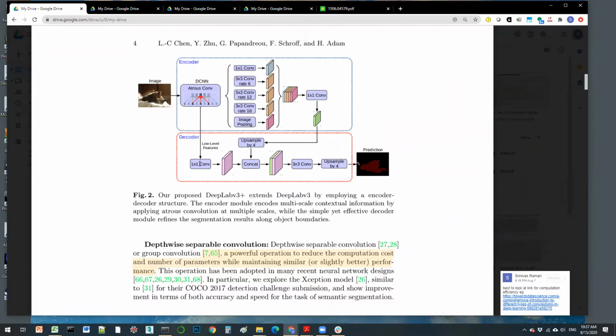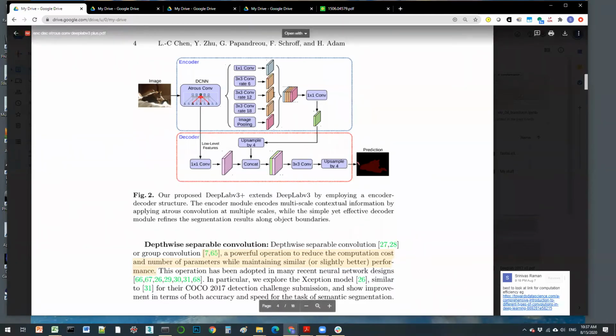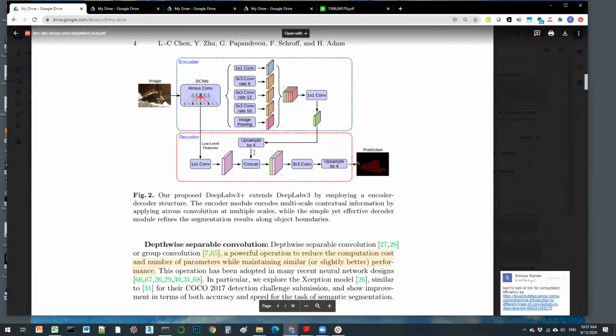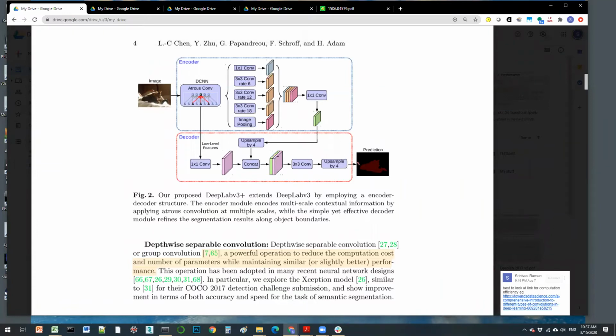Just apply the 1-by-1 convolve and generates this purple looking feature map, which gets concatenated with the output of this encoder and a 1-by-1 convolve applied to it, upsampled by 4, then you will find out that these two sizes are the same, which is why it allows you to then concat those two to form this particular sandwich of green and purple, to which you apply a 3-by-3 convolve, upsample by 4, predict on it.